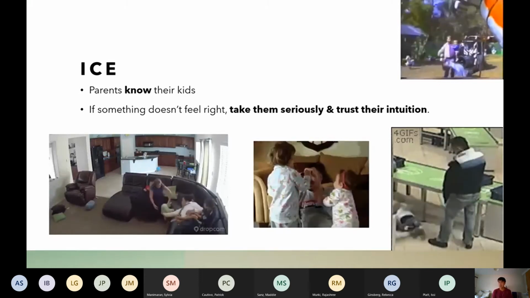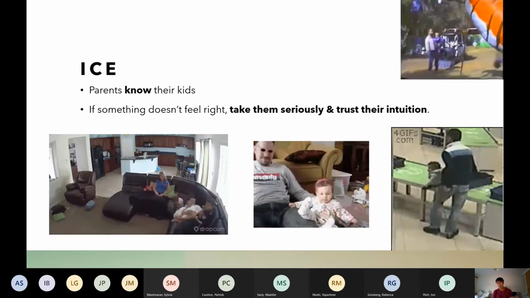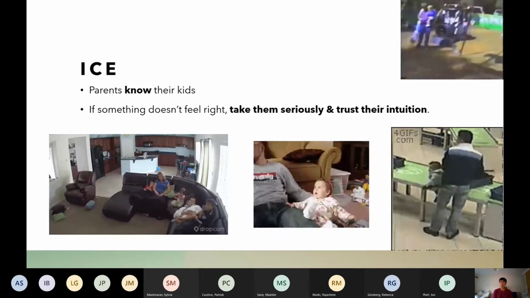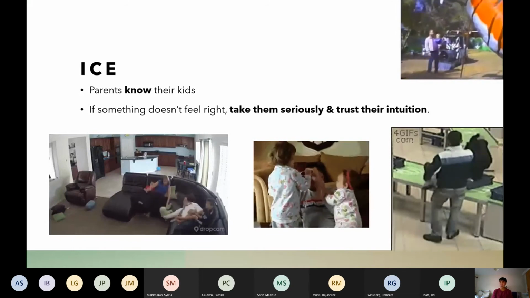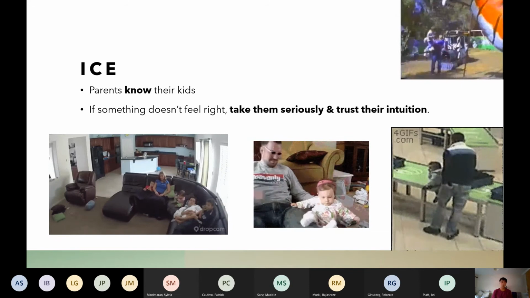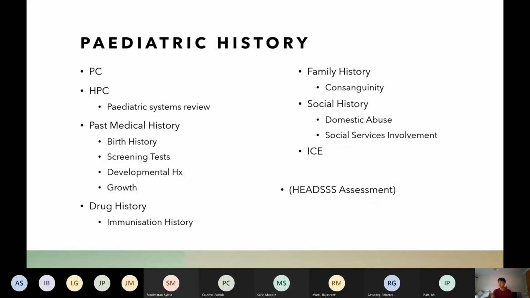So ICEing them early really helps. But also bear in mind that you've got dad reflexes shown by these GIFs, and mum reflexes in the bottom left. Trust parents' intuition. If they feel like something's not right for their child, if something's different, do look into it, okay? So take them seriously.